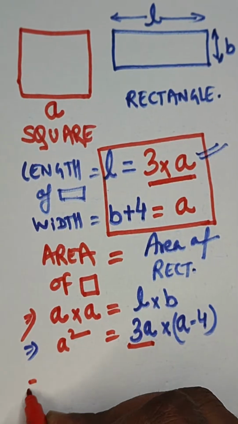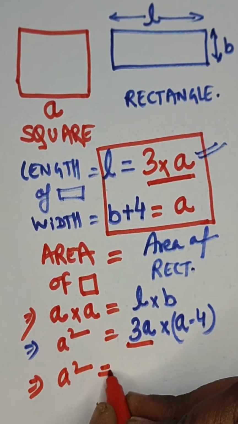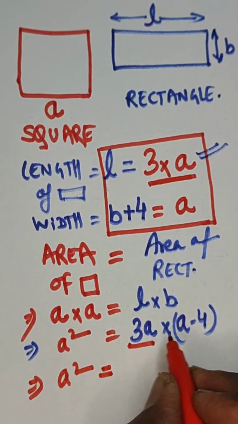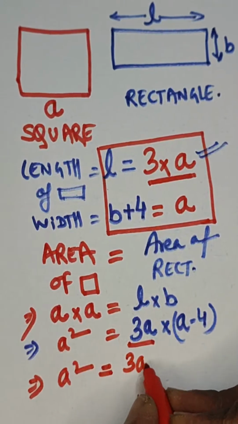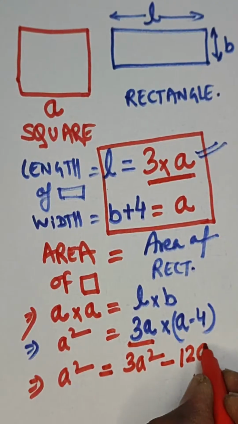Now with this, my dear friends, a square is equal to 3a into a minus 4, that is 3a square minus 12a.